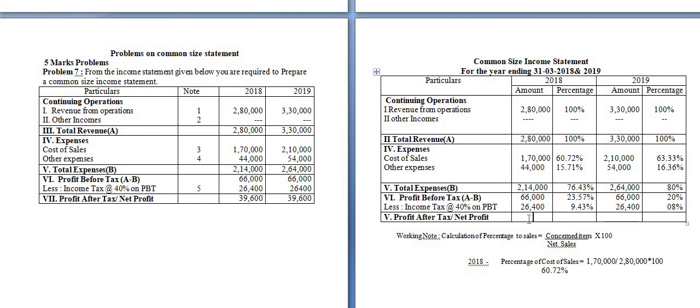Now calculate profit after tax. How will you find profit after tax? 66,000 minus 26,400, you will get profit after tax or net profit. How much? 39,600. Percentage: 39,600 divided by 2,80,000 into 100 is equal to 14.14%.